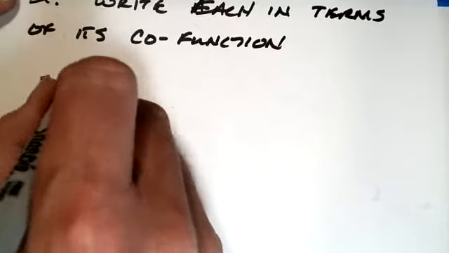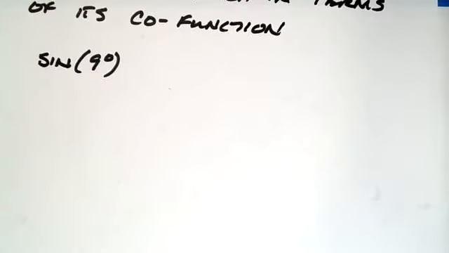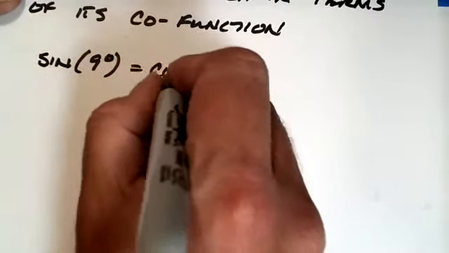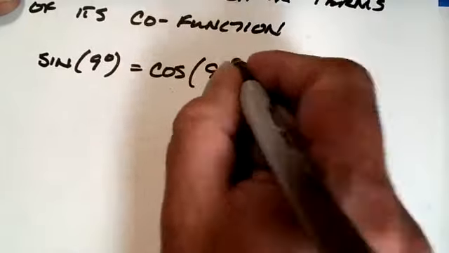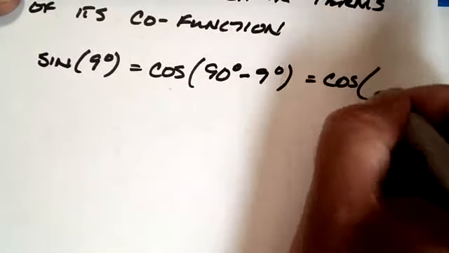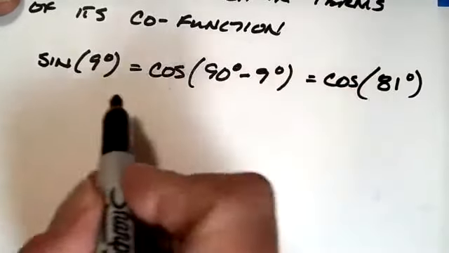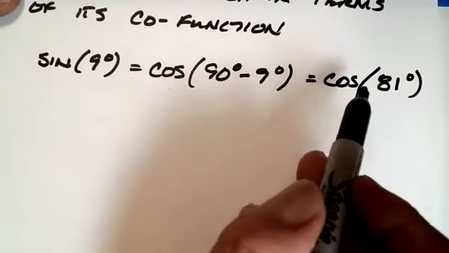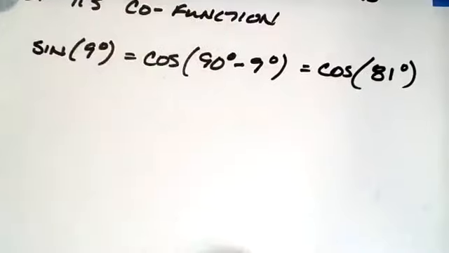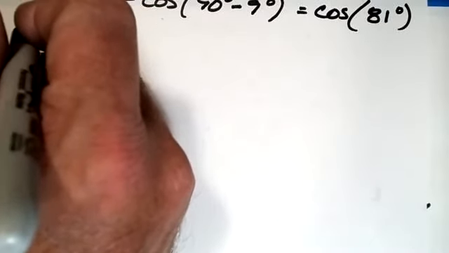So sine of 9 degrees. What this question is asking you is to write that in terms of cosine of some angle, which is going to be cosine of 90 degrees minus 9 degrees, which is cosine of 81 degrees. So this is the result that they're looking for: sine of 9 degrees is equal to cosine of 81. Let's do a couple more here. How about one involving cotangent?